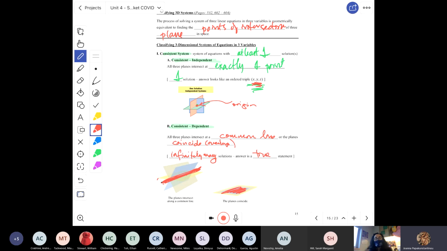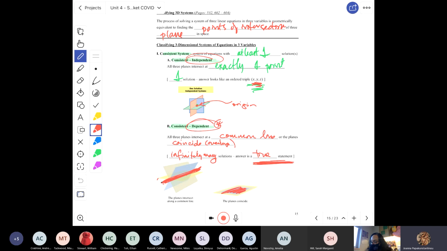However, if you're algebraically solving a system in three space, three equations and three unknowns, and you get a true statement that is true at more than one ordered triple, you have infinitely many solutions, then you have to figure out which instance it is and define the solution that way. So consistency means, again, a solution exists, and then you have to figure out whether it's consistent independent or consistent dependent, and more specifically, how you would represent the solution set for a dependent system.